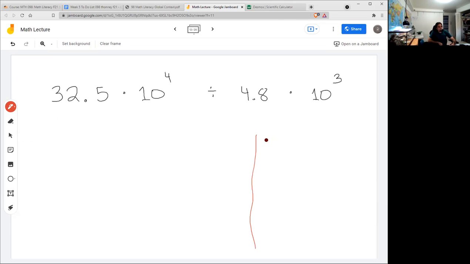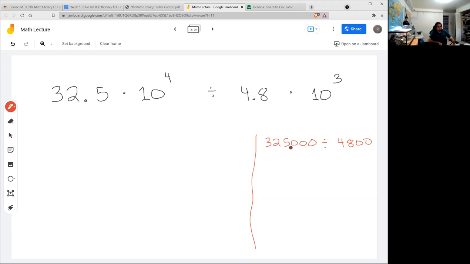This is just a decimal point here with 4 scoots, and I am dividing it by a decimal point here with 3 scoots.